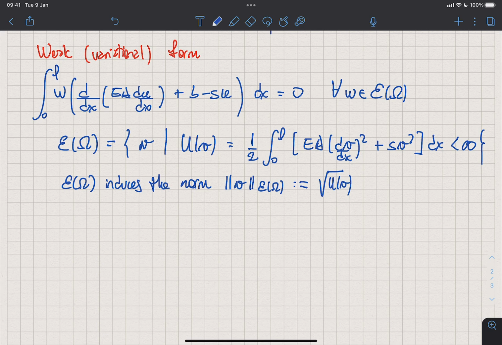But we can bring these concepts forward to a function space, and therefore we need to be careful in how we define things and how we measure things. And this is the way we are going to measure the norm of a function. Okay? So in other words, I'm basically obtaining the strain energy of this function V, for which I have to integrate over the entire length of the bar. I'm going to get a value, and I'm going to take the square root of it, and that is going to be the norm of that function.